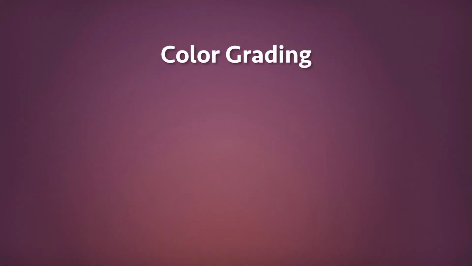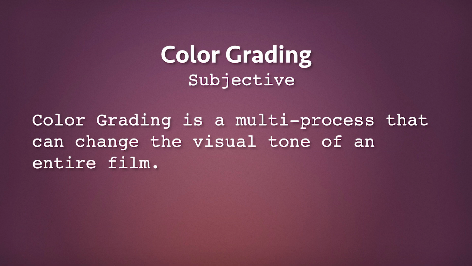Color grading is more subjective, meaning it really depends on the mood of your video, the tone you want to set, the emotion, the feeling. The grade of your video is going to reflect a lot of those things. That's really up to you. Of course, you want to have your color correction first, then you're going to talk about grade.